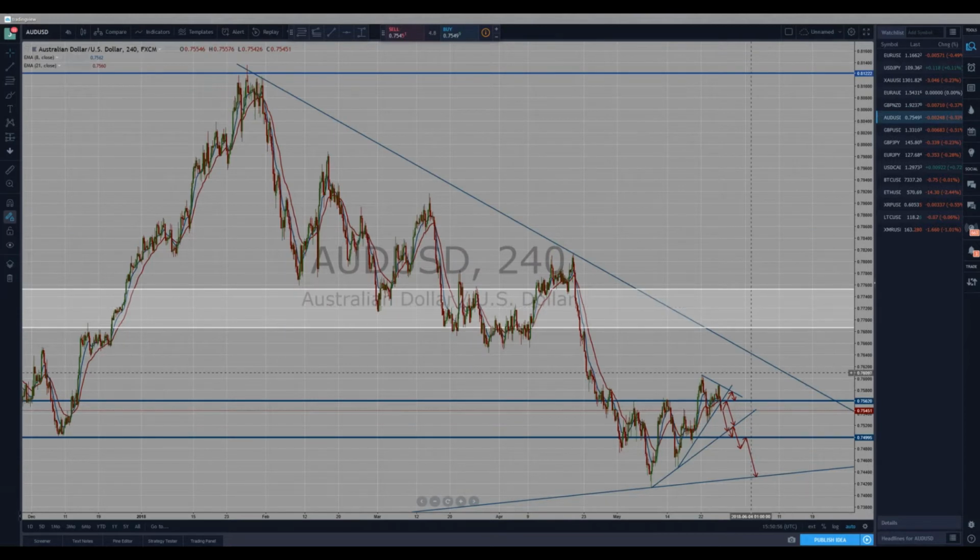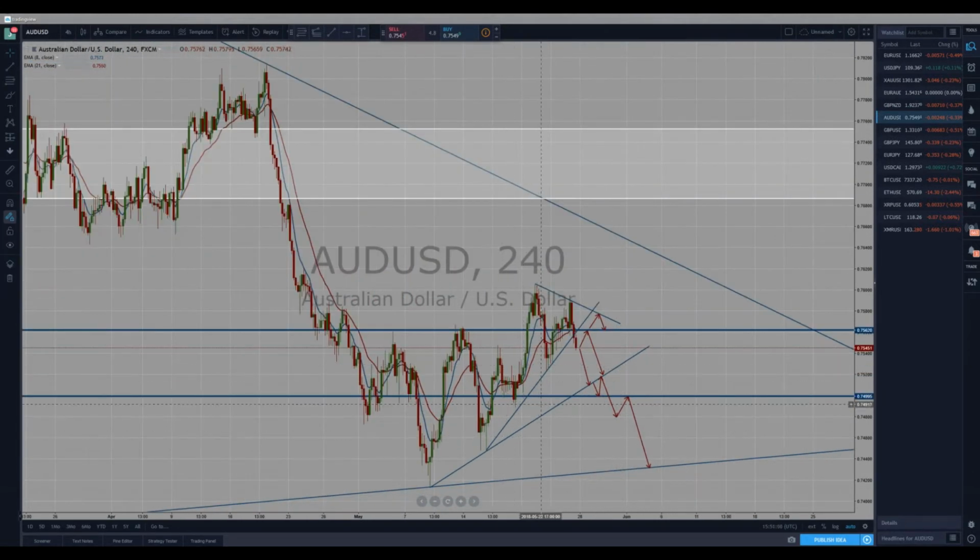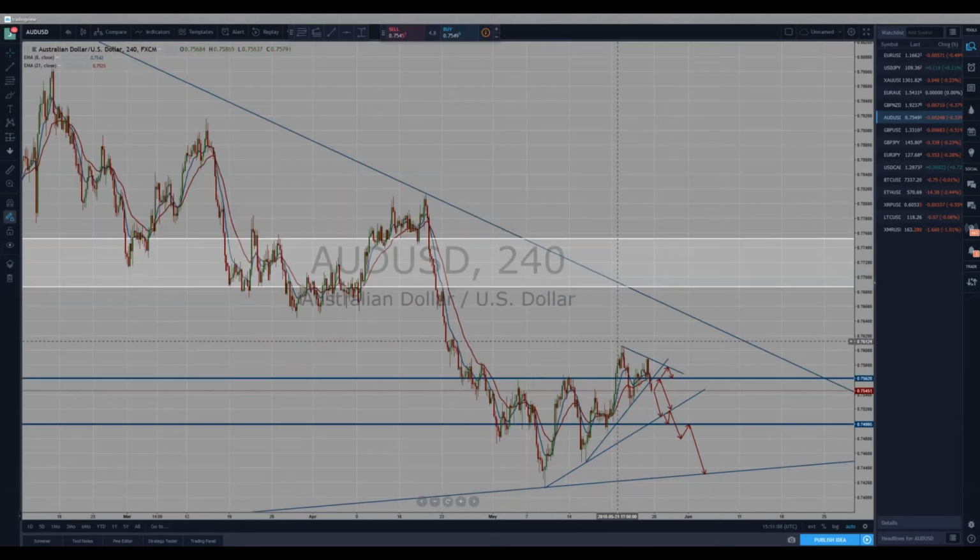Moving on to AUD USD. We can see the last candlestick on Friday broke through this trend line that I have drawn right here. I also have support and resistance levels drawn, as well as the weekly trend lines, and then this huge zone up here as well.